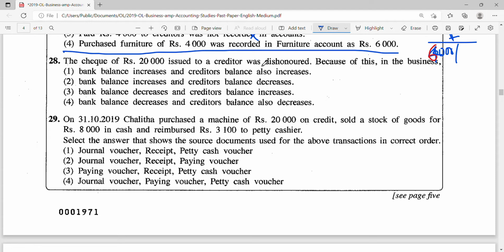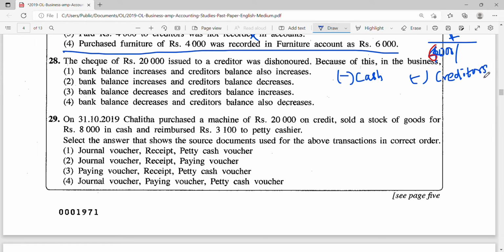Question 28. The cheque of rupees 20,000 issued to a creditor was dishonored. Because of this in the business, what's the impact on the bank balance and the creditor balance? Now when you issued a cheque for a creditor payment, your cash has been reduced and on the other hand, your creditors has been reduced because you already issued a cheque to pay the person.